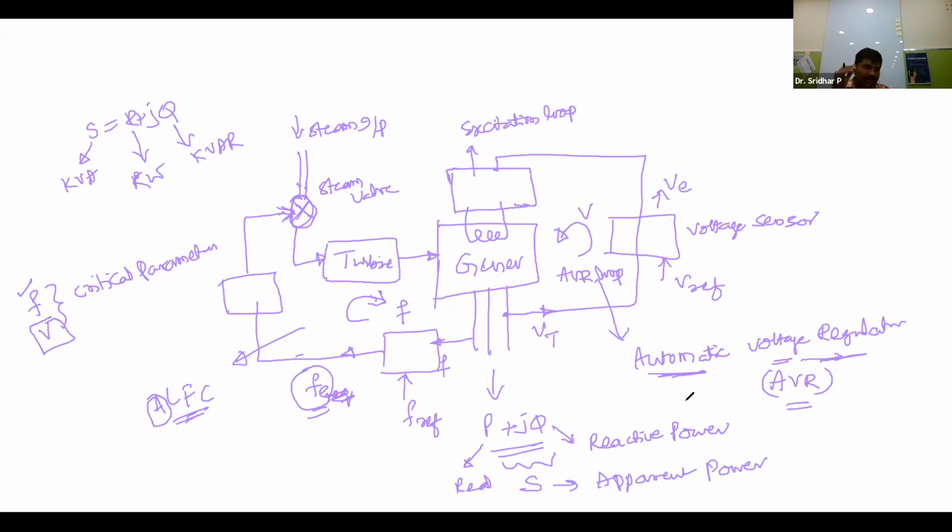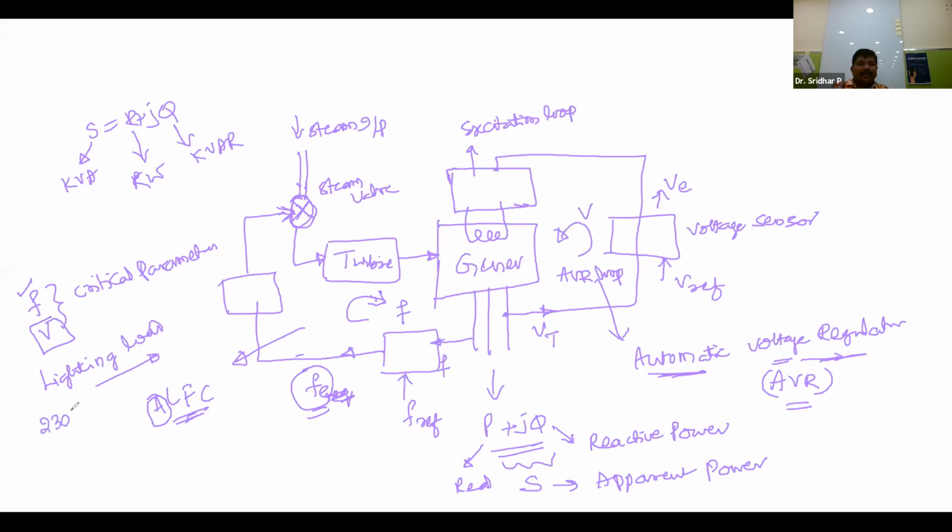Now, here there are two things. First, voltage should be maintained constant. Why? What is the necessity of keeping voltage as a constant? First, take your lighting load, suppose your bulb.